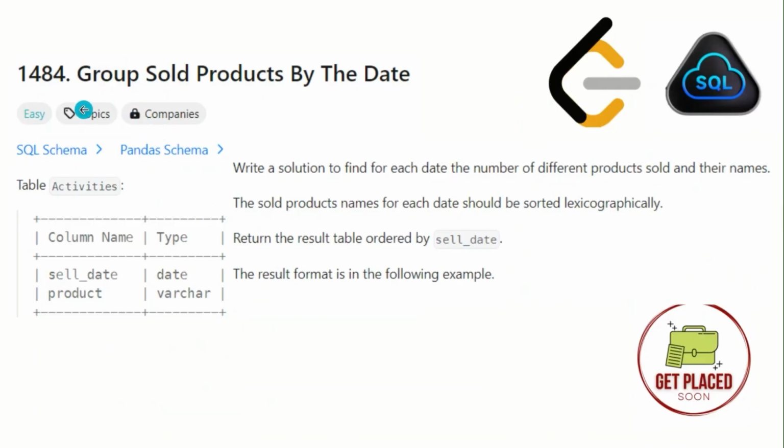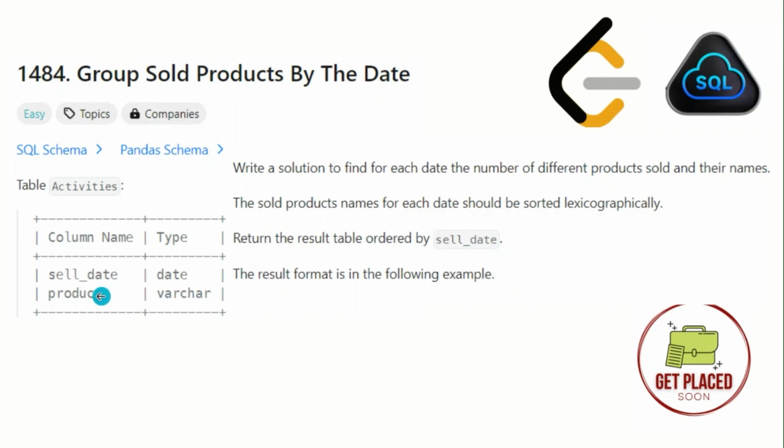Here, in this Leetcode problem number 1484, we have one table given, that is the activity table. It has 2 columns: one is sell date and the other is product. On which date what all products have been sold, separately they have been listed in the table. Now we are supposed to write a solution to find, for each date, the number of different products sold and their names.